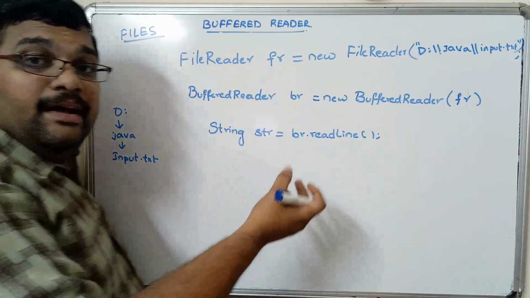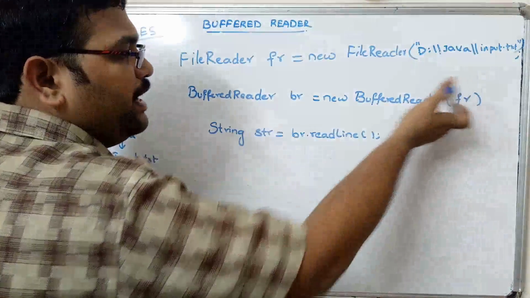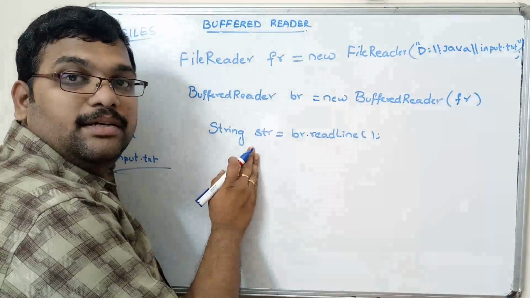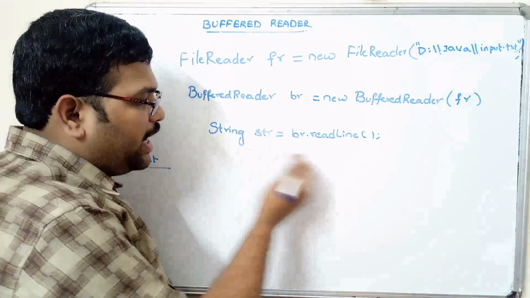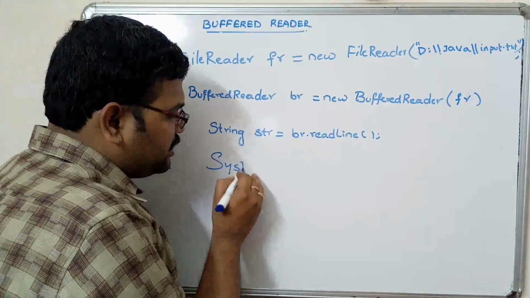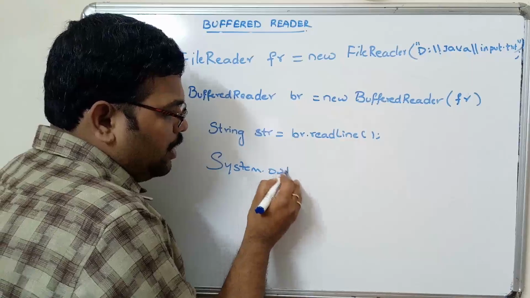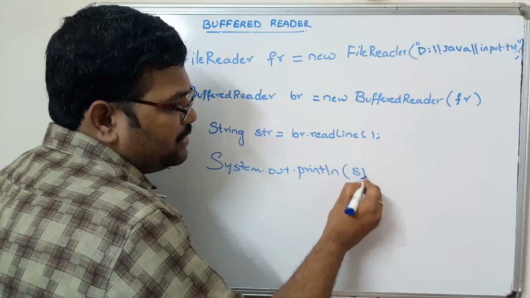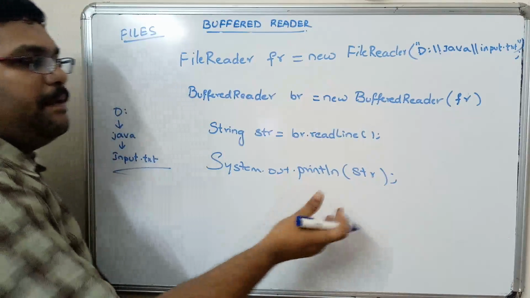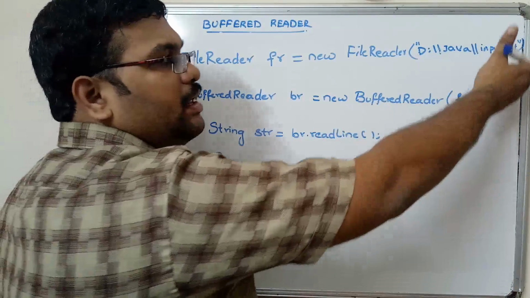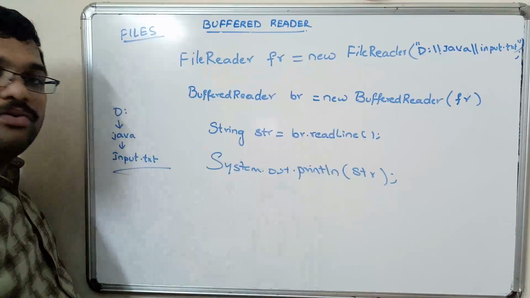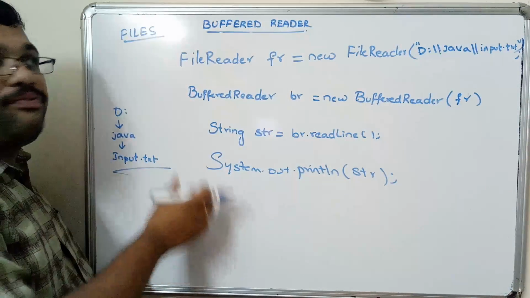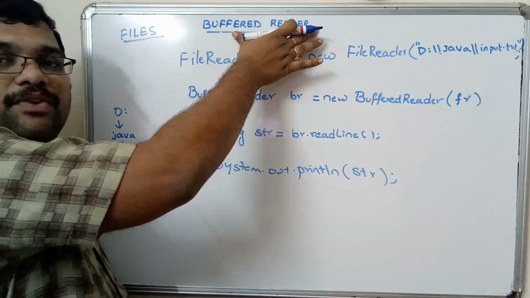So this will read the text from this input.txt file, and it will be assigned to the string. So directly we can print System.out.println(str). So this will directly print the data which is available in this input.txt to the screen. So this is one more method to read the data from files by using this BufferedReader class.